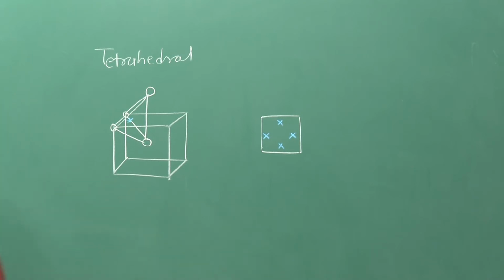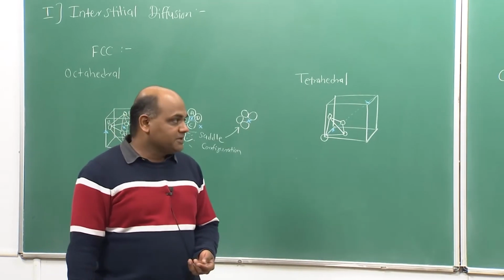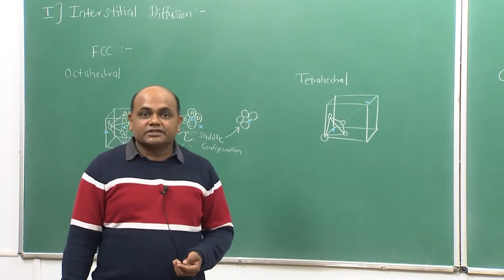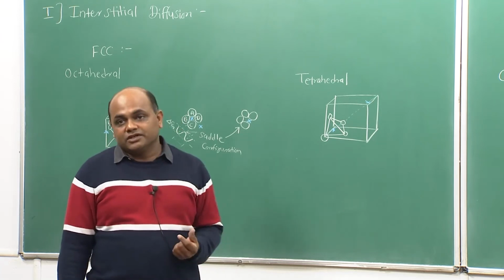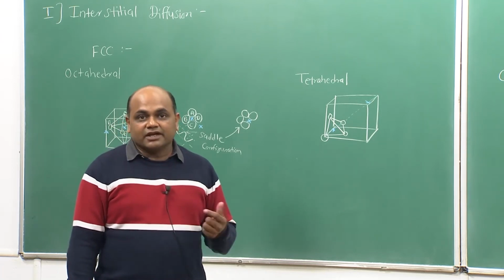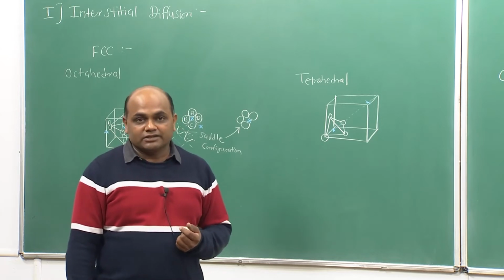Okay. So, these are the interstitial sites in FCC and BCC, and the interstitial atom diffuses by jumping from one interstitial site into the next interstitial site, and this is the interstitial mechanism of diffusion.